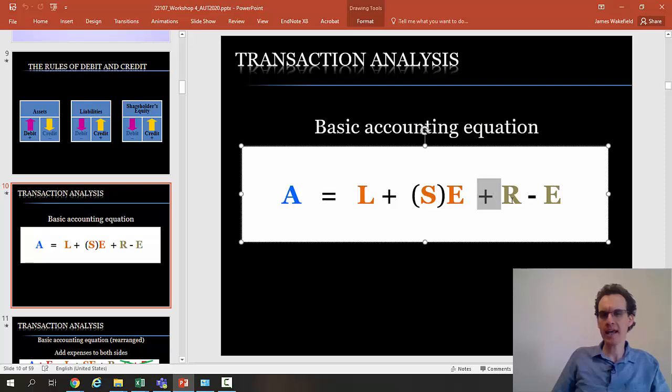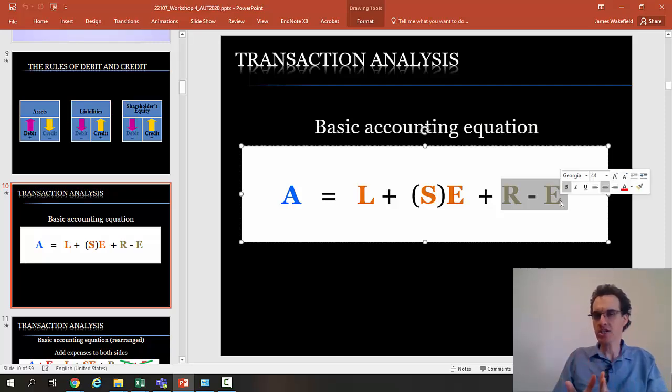So if we look on the right-hand side of this equation, I have added revenues and expenses, right? So rather than assuming they are part of shareholders' equity, I've explicitly written revenues and expenses as part of this equation. Now, as I said, this equation is not changing.